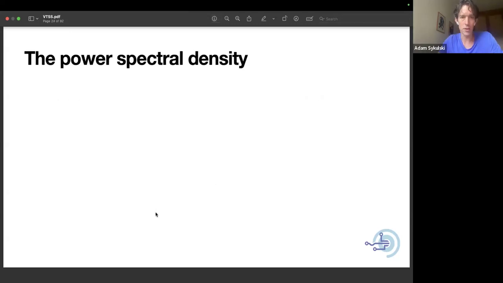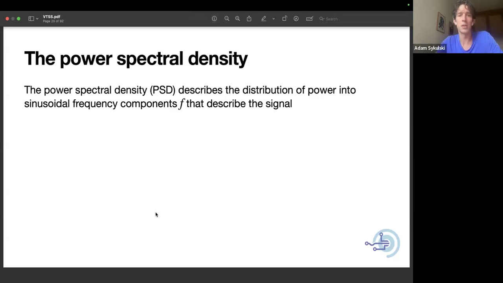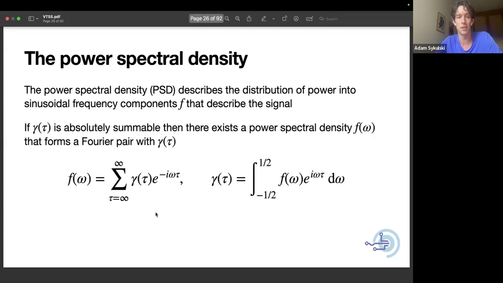So with that notation in mind, the power spectral density describes the distribution of power, as I described earlier, into sinusoidal frequency components F that describe the signal. Now, if gamma is absolutely summable, then there exists a power spectral density F that forms a Fourier pair with gamma.